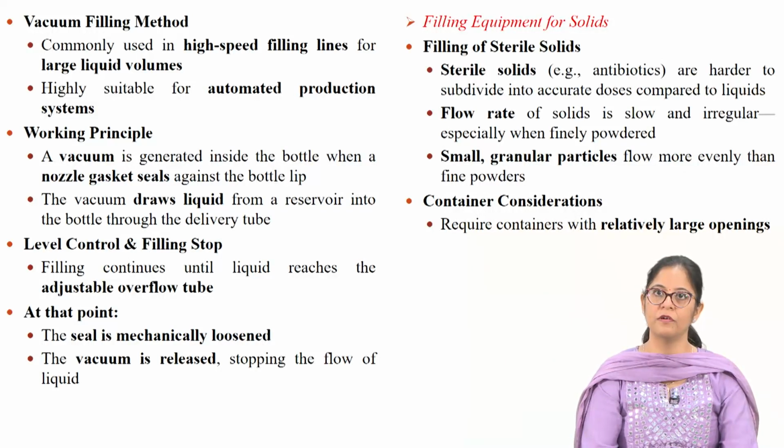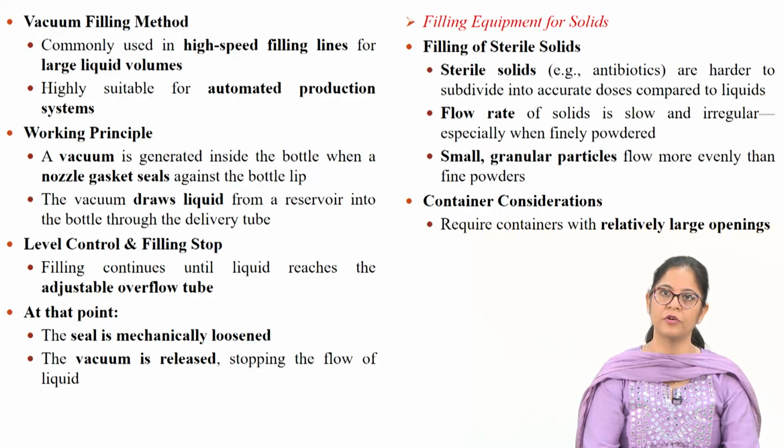Vacuum filling method is also used in high speed filling lines for large liquid volumes, highly suitable for automated production systems. The working principle is that a vacuum is generated inside the bottle when a nozzle gasket seals against the bottle lip. The vacuum draws liquid from a reservoir into the bottle through the delivery tube.